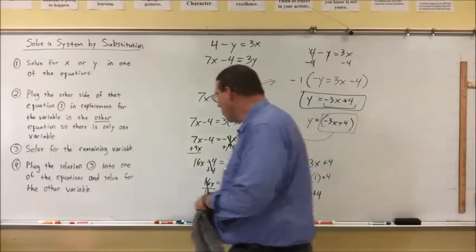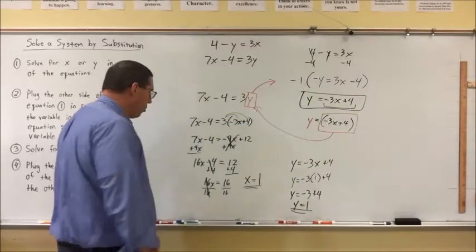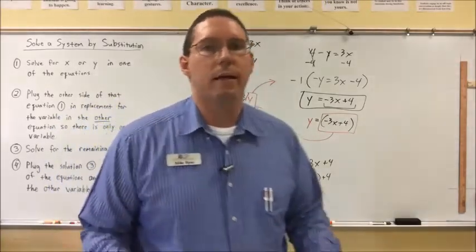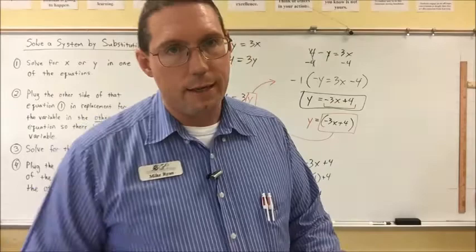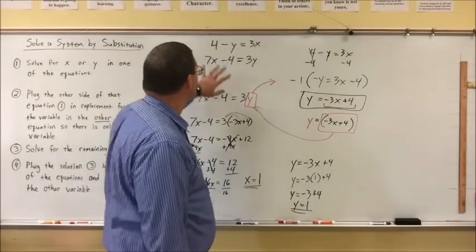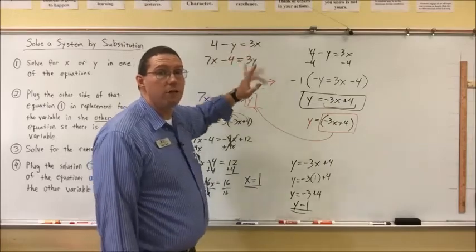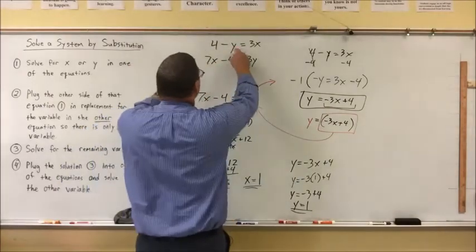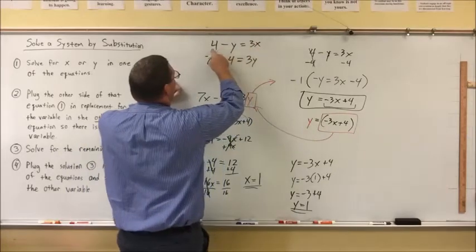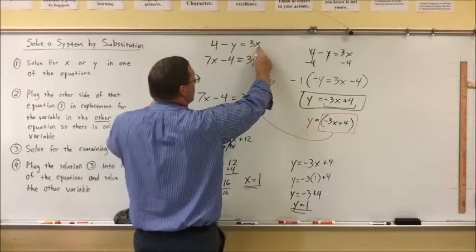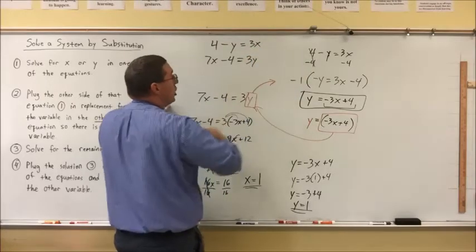Now, when you get a solution for a system of equations, if you want to check to make sure the answer is correct, you can take those answers and plug them back into both of the equations to make sure that they check out. So if I put a 1 in here and a 1 in here, I'd have 4 minus 1, that's 3, equals 3 times 1, which is also 3, so it does check out.